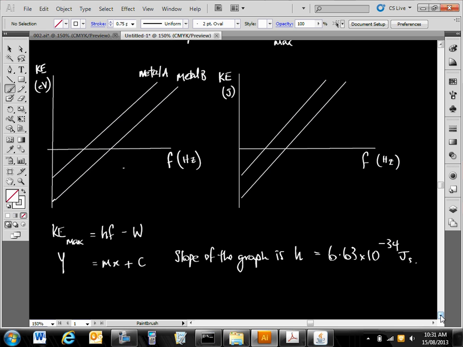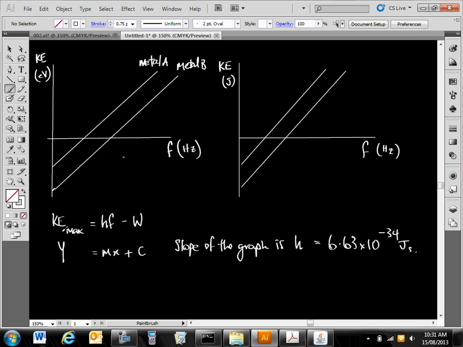And when we're talking about kinetic energy, when we do any calculations, it's always with the result as joules. If you're asked to do the calculation in eV, then you just do this. So the kinetic energy equals hf minus W, sorry, in eV.